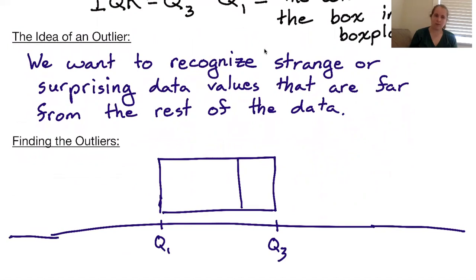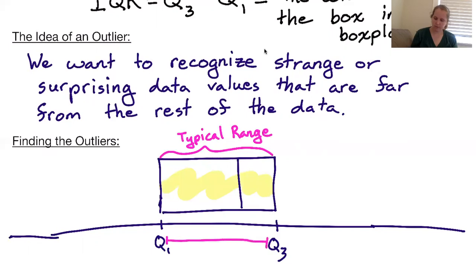And this is going to be considered our typical values, typical range. So our typical range goes from Q1 to Q3.